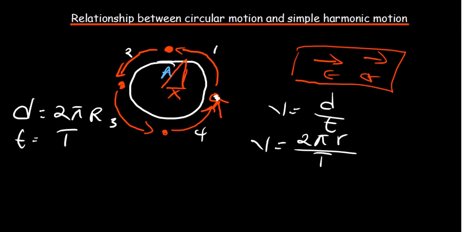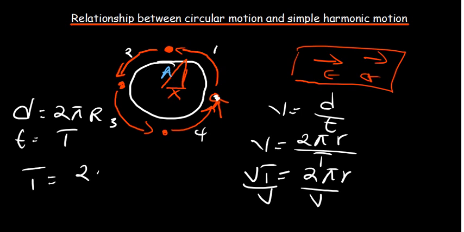I want to find the time, so I'm going to cross multiply both sides. I'm going to have vt is equal to 2 pi r, and I'm going to have my t equal to 2 pi r over v.